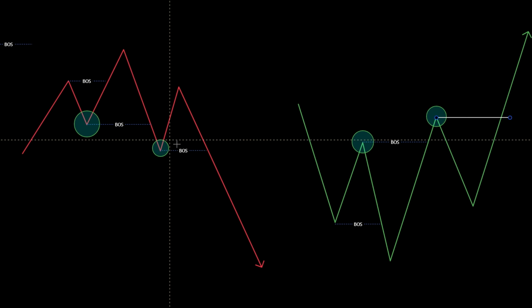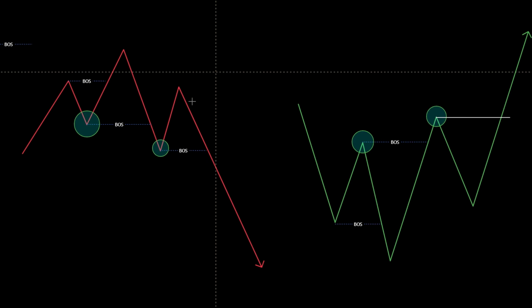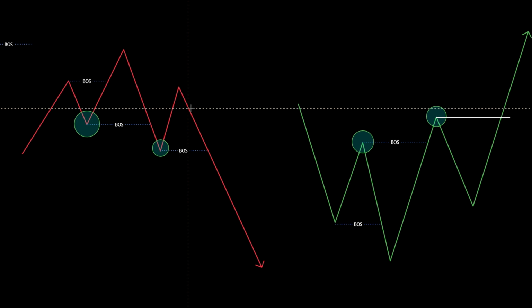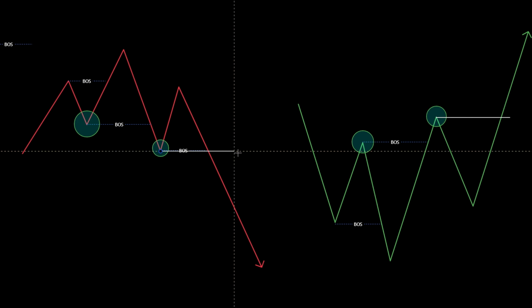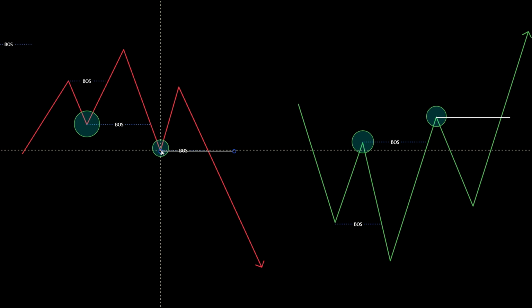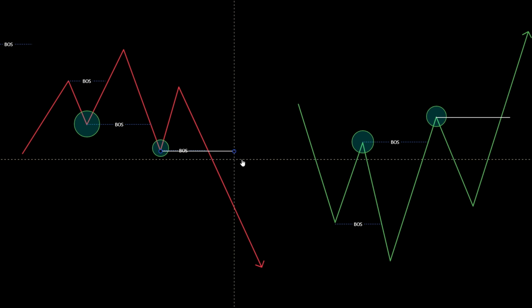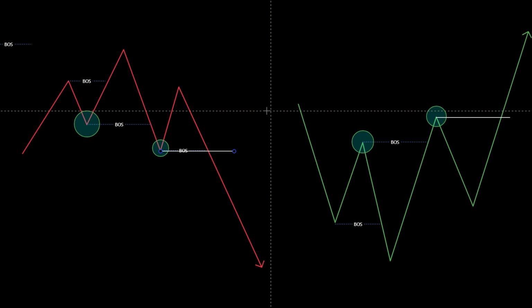And that's exactly the same thing over here. When we see that this breaks structure and we get our pullback, when we see price starting to reverse down again, we know that this is going to be a target as a weak structure, weak low, that's likely to get run through. Okay? And that really is as simple as it gets.